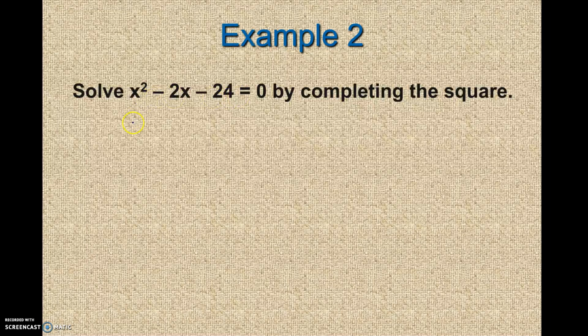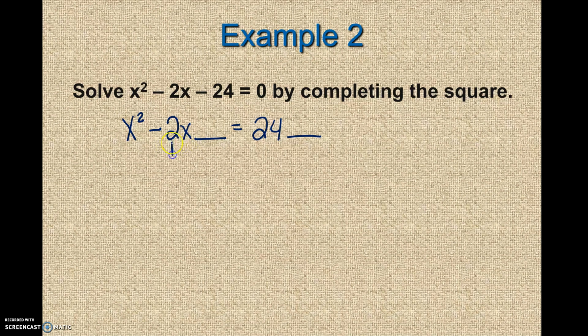When there's 3 terms and it says completing the square, I want you to move that third term over to the other side. So we'd add 24 on both sides and have positive 24 on the right. You want to move that third term away so that you can figure out what this third term needs to be to make it a perfect square trinomial.